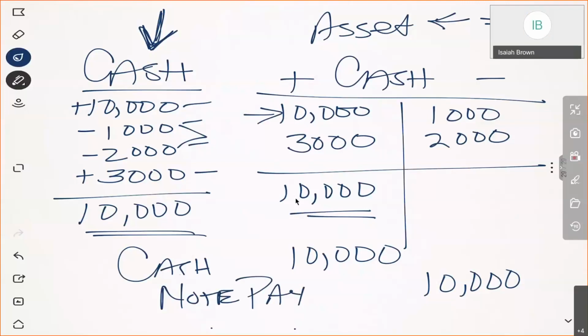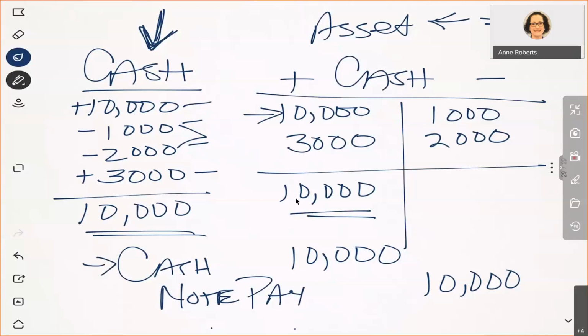Now, one of the things on the exam, and here's the trick of picking up some points. I always, in my lectures, say always go for the gimme, because most people can get the fact that cash goes up on the left and down on the right.